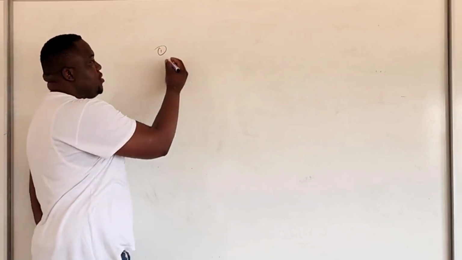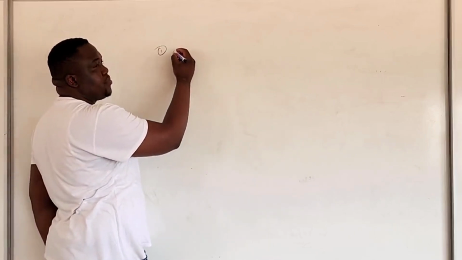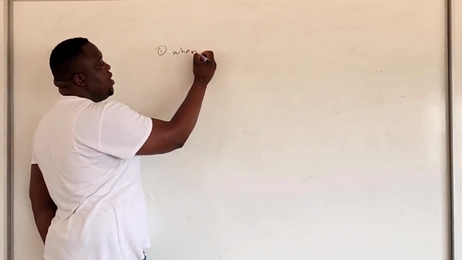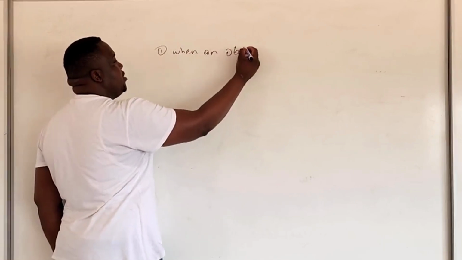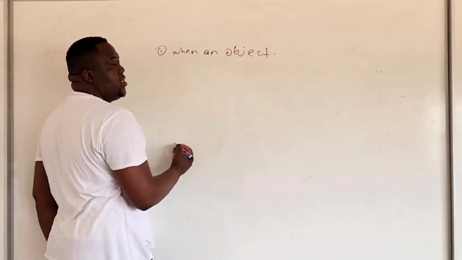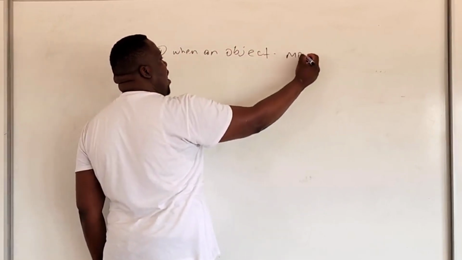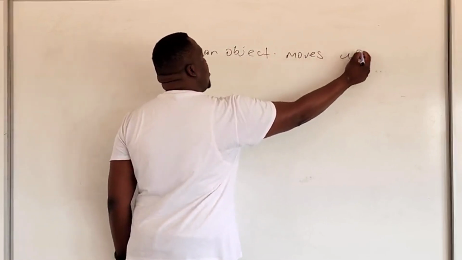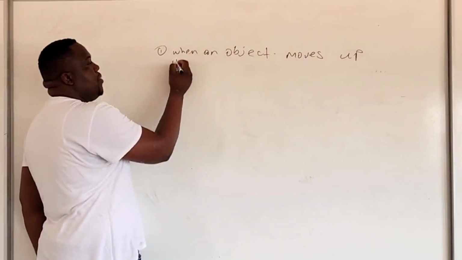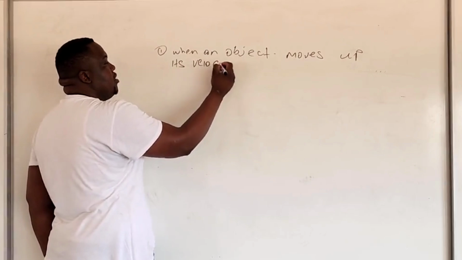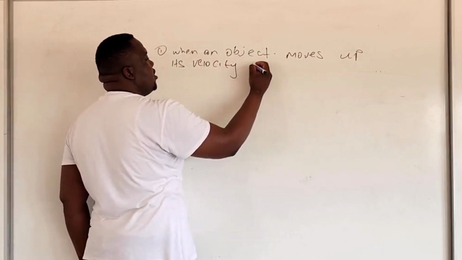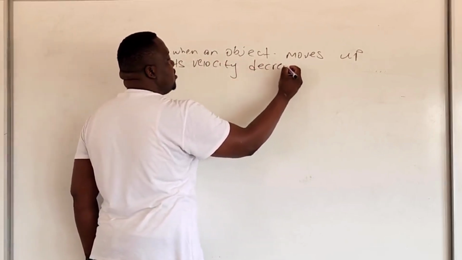Background information number 1. When an object moves up, its velocity decreases.